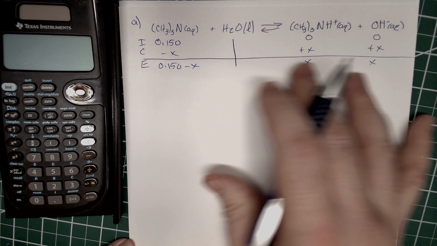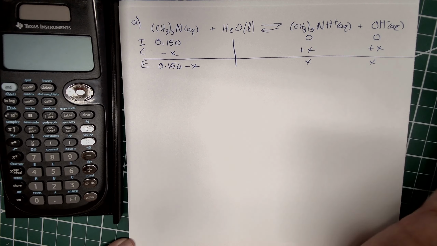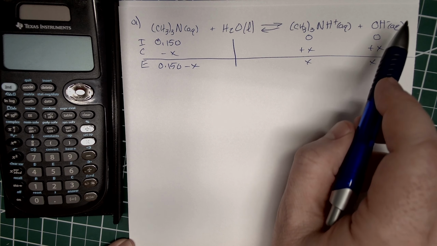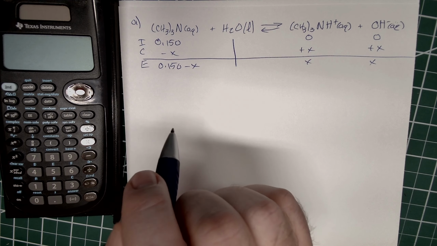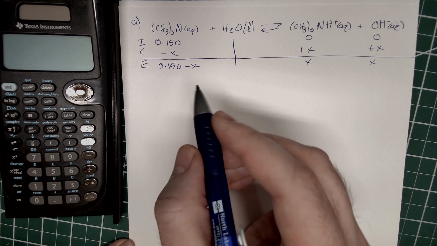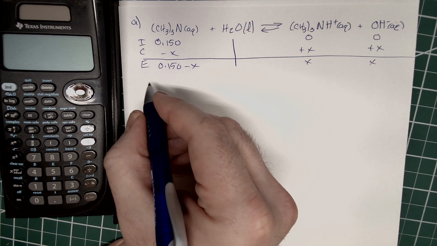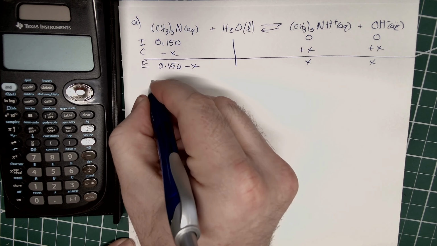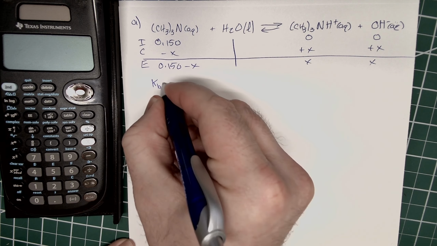All right, if this doesn't look familiar at all, you need to go back a couple of chapters. Go back to chapter 16. Again, I'll put a thing up here in the corner to show you where you should go on that chapter 16. Okay, so now we'll write out our Kb expression.